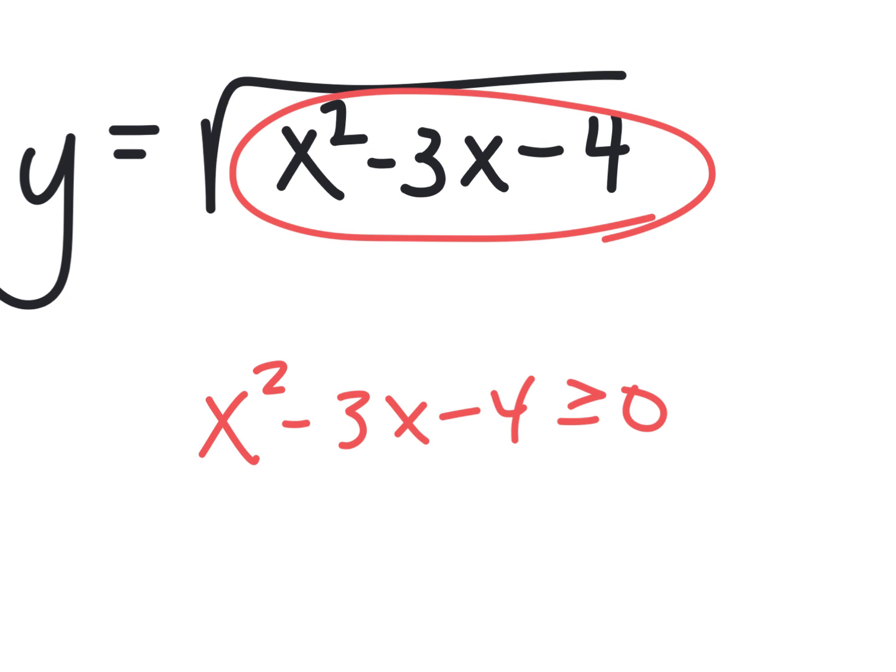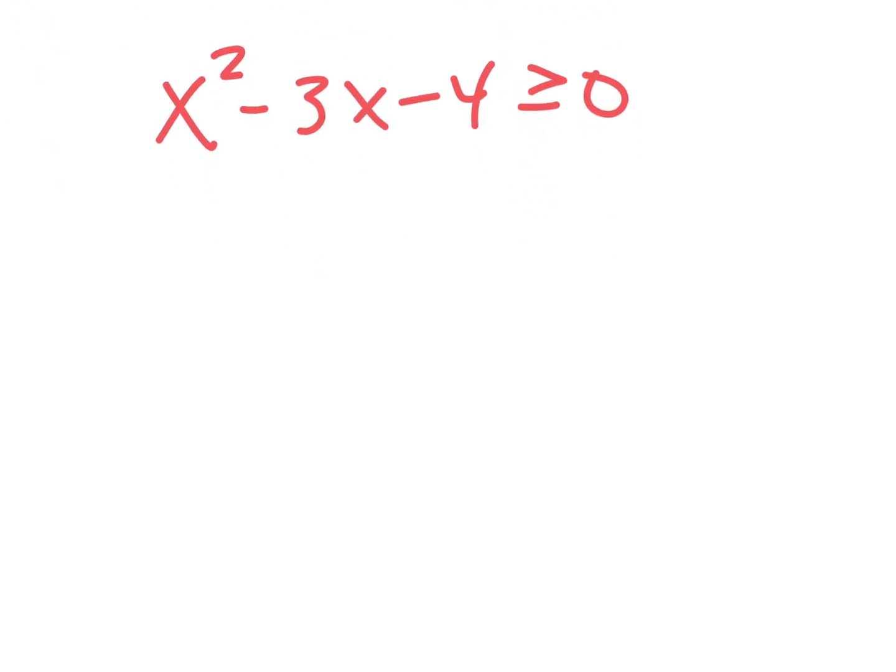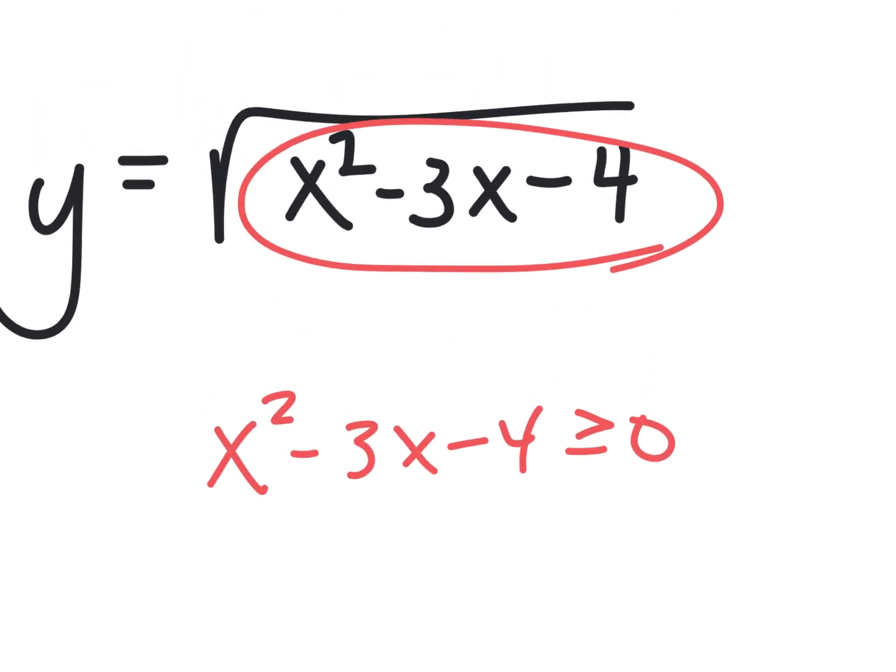So the pre-calc part is knowing to pull that out and set it greater or equal to 0. The algebra part is, can you solve this now? So pre-calc's not hard. It's just knowing this part has to stay positive, which is greater or equal to 0.